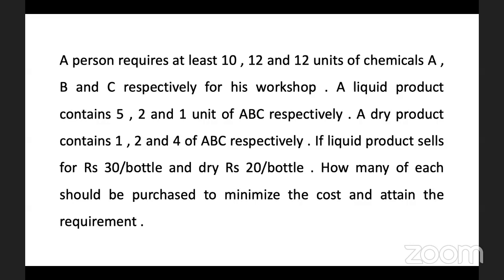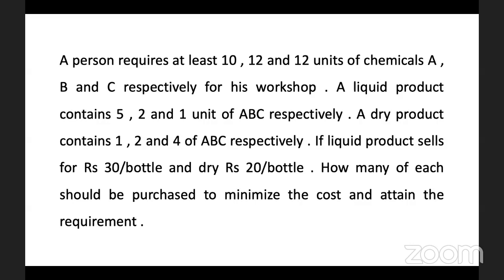Okay, so instead of reading the whole paragraph of the question, what they have told is liquid product, the cost is 30, dry product, the cost is 20, right? But as given in the first line, we require 10 units of chemical A, 12 units of chemical B, and another 12 units of chemical C. So these are the minimum requirements.